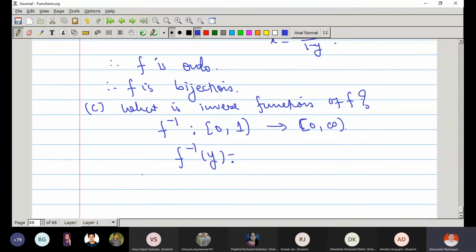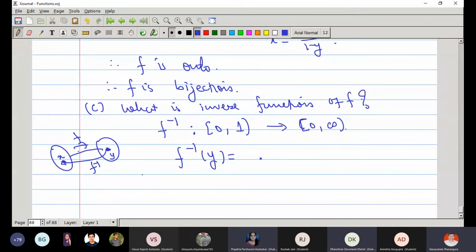What should be f inverse of y? What is the idea? Under f, I want f inverse. By the definition of the inverse function, what should be the image of y under the inverse function? Just look at the pre-image of y under f. And what is the pre-image of y under f?